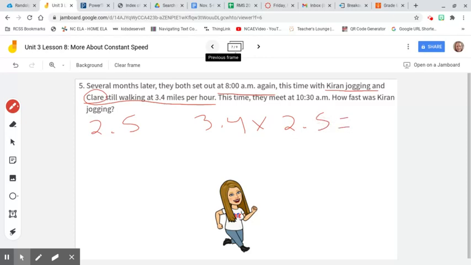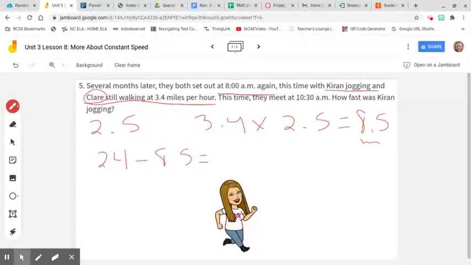So 3.4 times 2.5 equals 8.5 miles. So again, remember from the very beginning, they're 24 miles apart. So we take the 24 miles minus the 8.5 miles, and that gives us 15.5 miles.